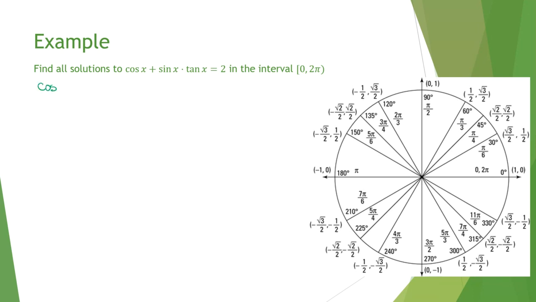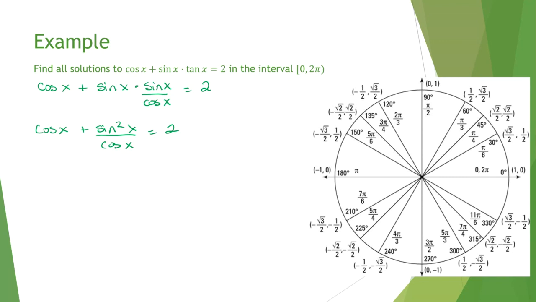So I have cosine x plus sine of x times sine of x over cosine x equals 2. So if I simplify this, I get cosine x plus sine squared x over cosine x equals 2.